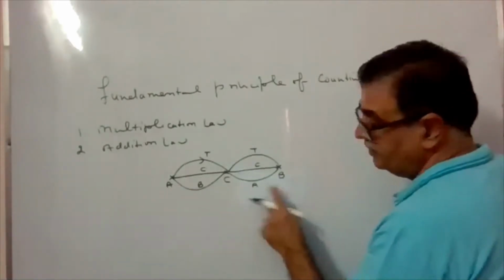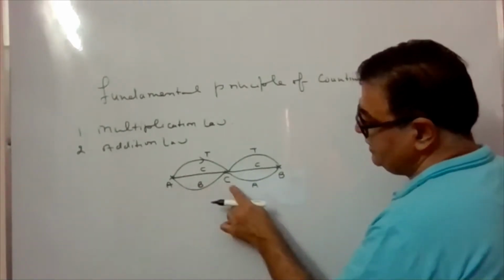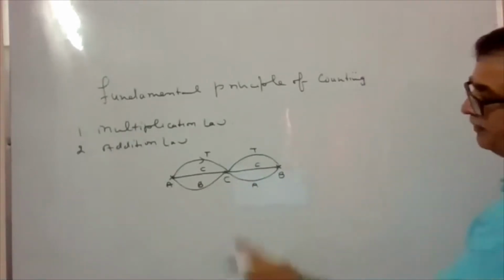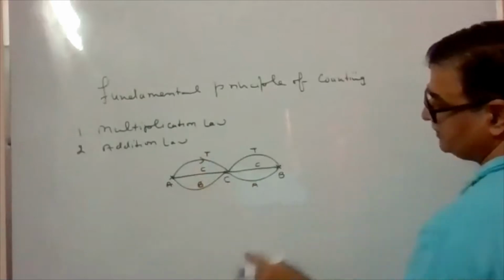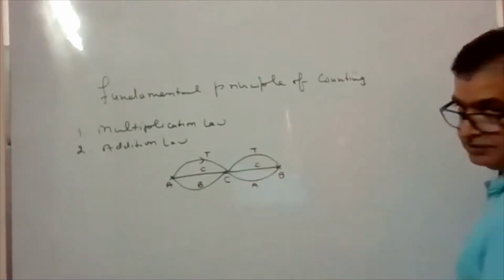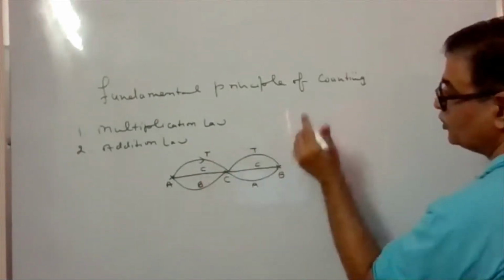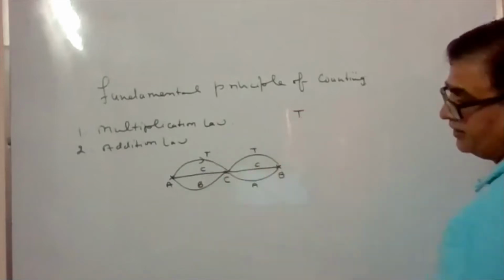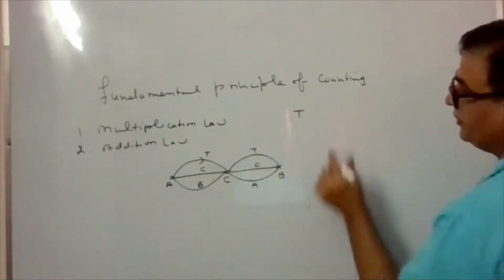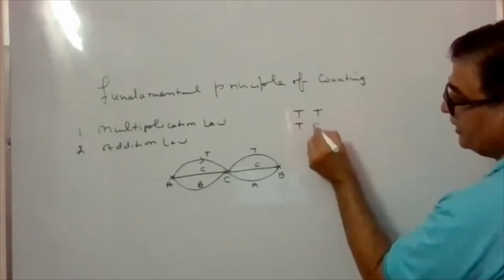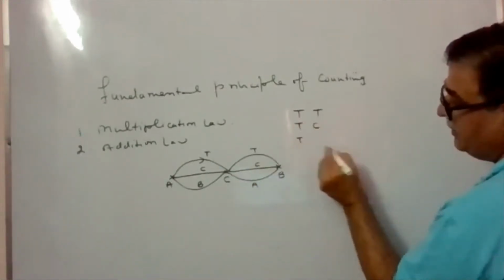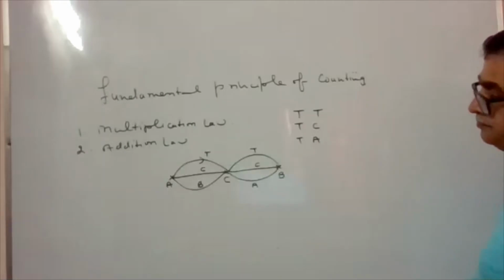Yes, it's 9. A is here, C, and then B. How many ways can he go from A to C? He can go by train, car, or bus. Here it will be train, car, or air. So first, let us suppose he goes by train from this side. A to C he reaches by train, and further he opts for train. Maybe first is train, he opts for car. Maybe train and air.